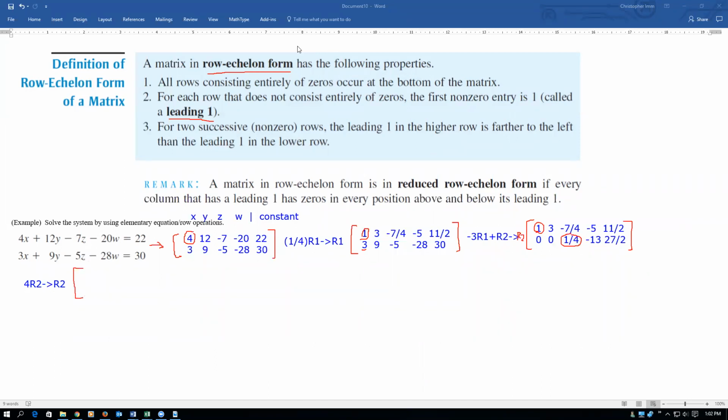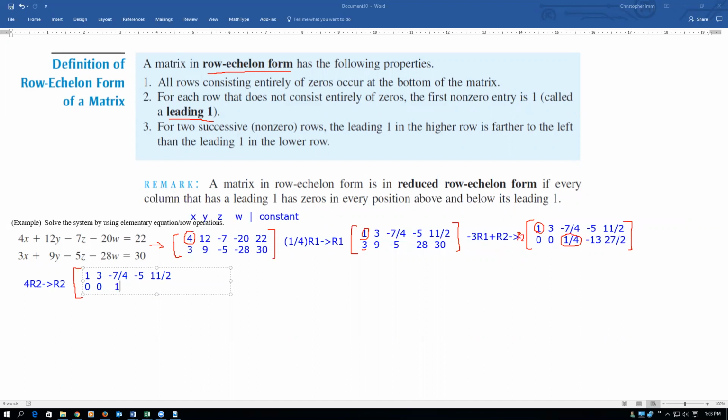My matrix will then be first row the same, second row scaled by 4, 0 times 4, 0 times 4.